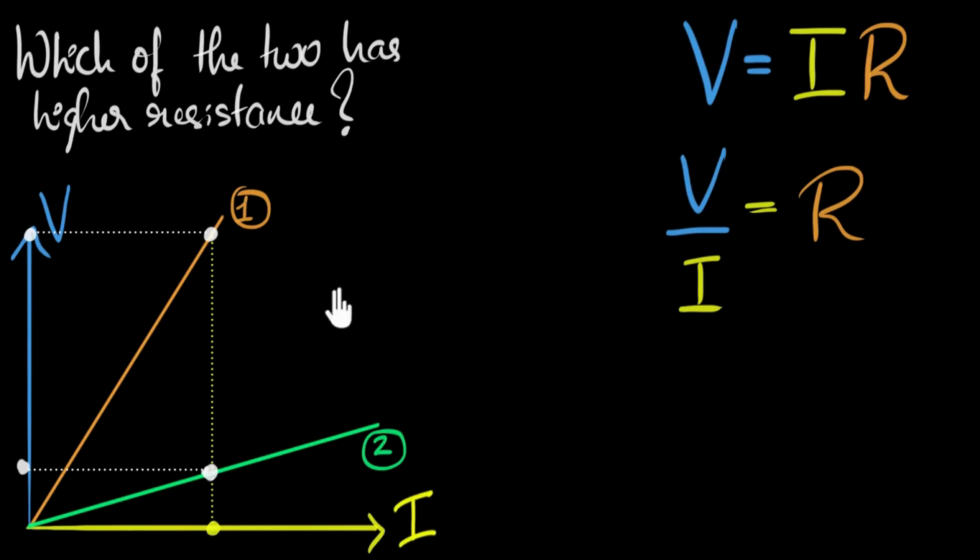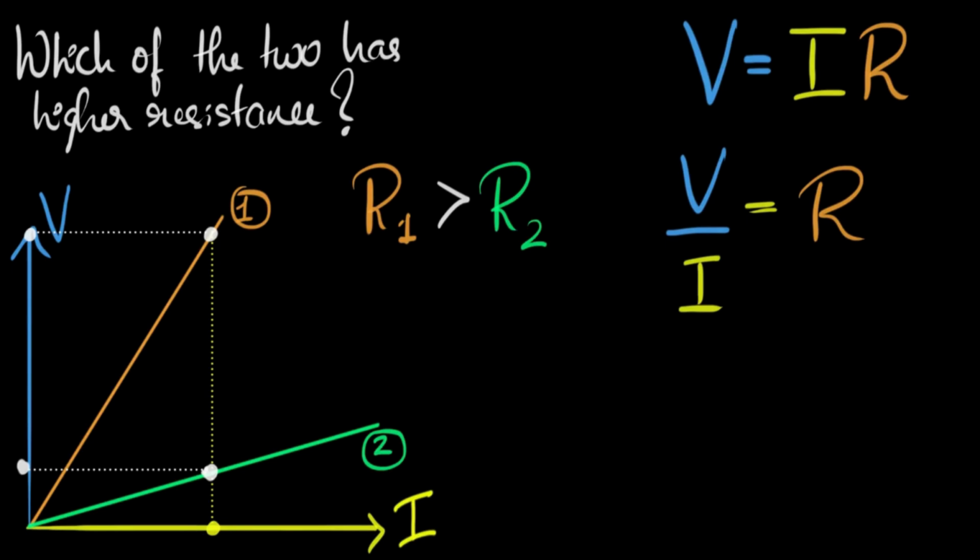In other words, the first one has the higher ratio, and so the first one has a higher resistance. So we can say from this, the resistance of the first material must be larger than the resistance of the second material. And if you had picked the same voltage and checked which has less current, you would have gotten the same answer. You can go ahead and pause the video and try that to convince yourself.